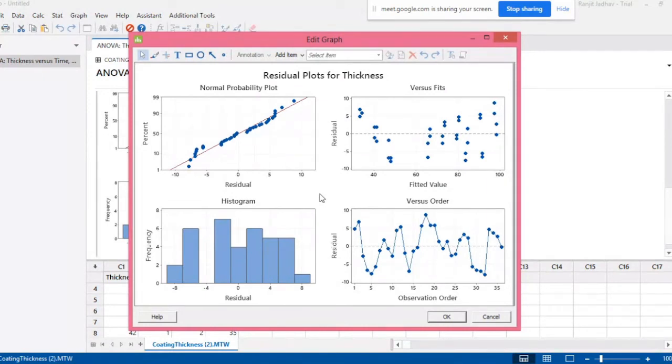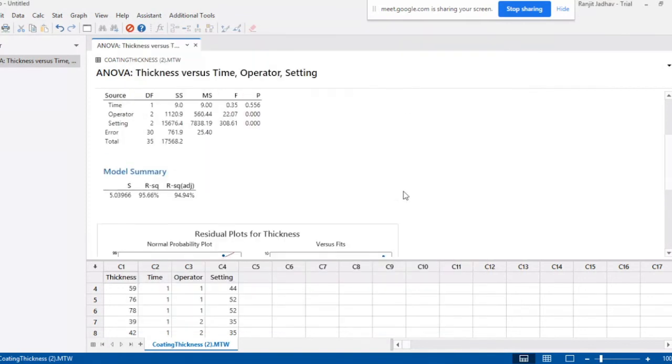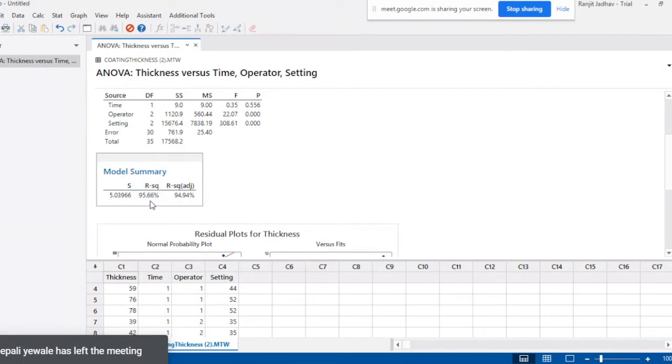So it also means that we should not rely on this data. Yeah, we can rely on this data because we are checking the R square value, na? R square is confidence.